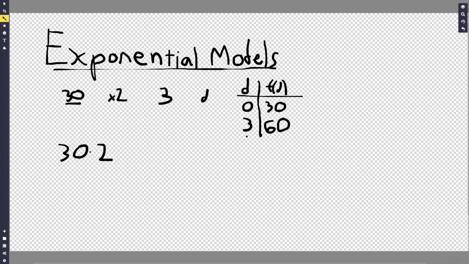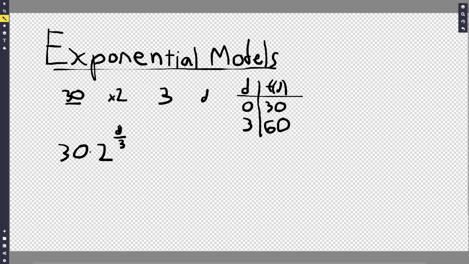So how do we write that 3 days in as an exponent? Well, we know that's multiplying it by 2 to the power of 1 every 3 days, when d is equal to 3. So we can write this as 2 to the power of d divided by 3. Let's test this out.